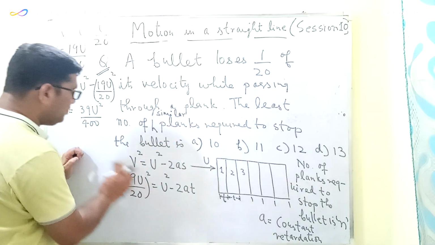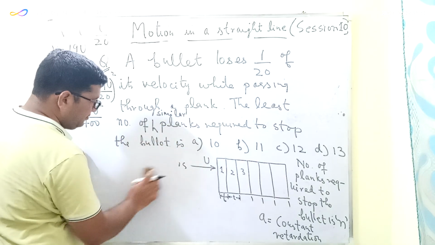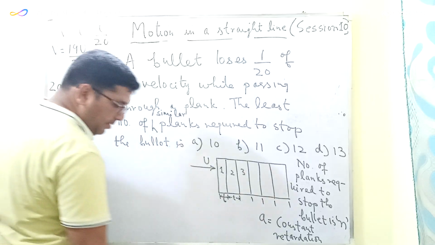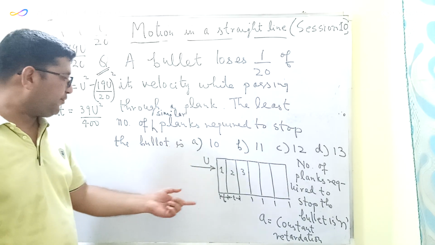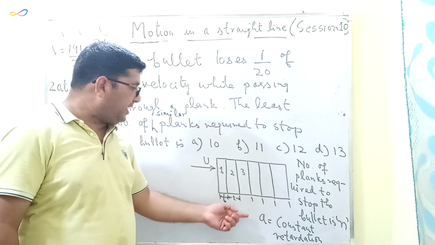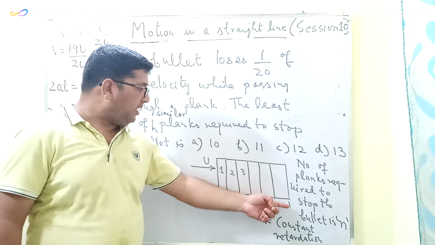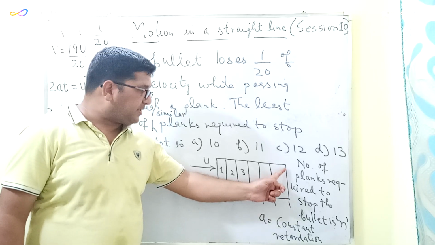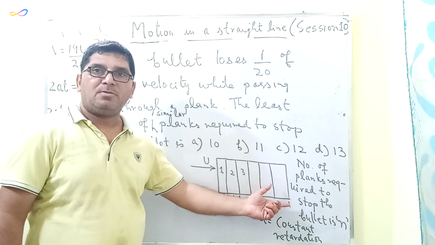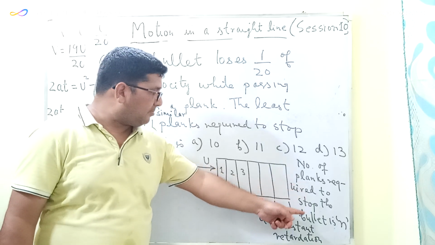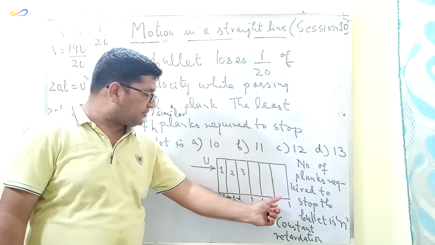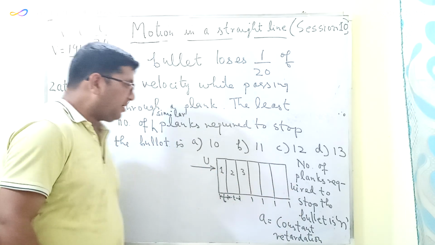Now I will be using the equation of motion in which the bullet will come to a halt after passing through some number of planks.